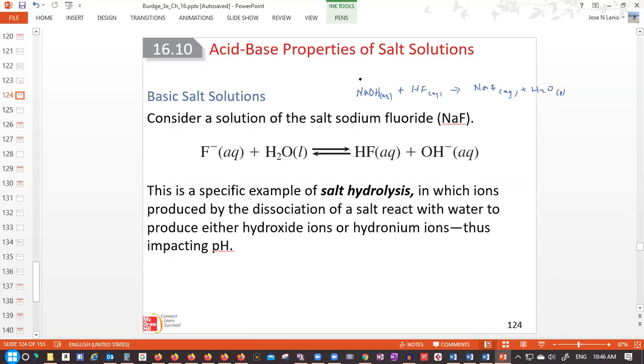Now let's do the analysis. This is a strong base, therefore making a weak conjugate acid here.